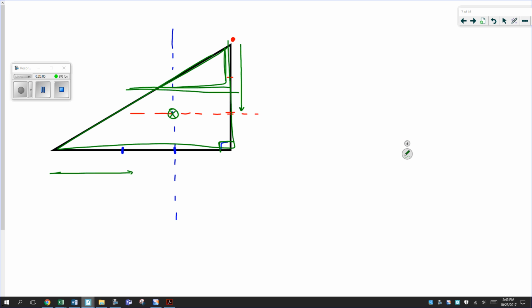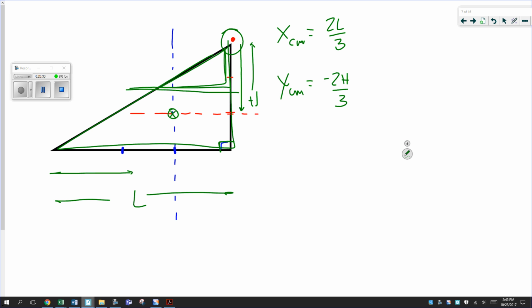All right, so x_CM for a triangle is 2L over 3, and y_CM, again measured from up here, is, well, negative 2H over 3. This is L, and this is H.